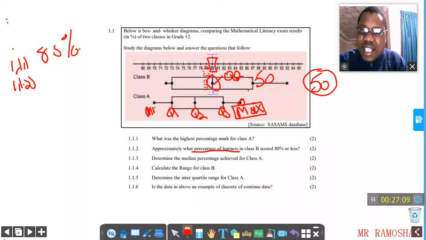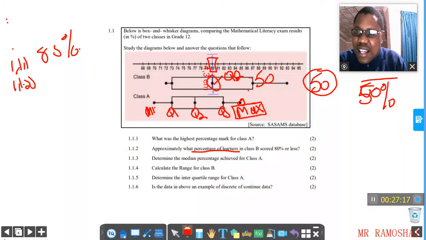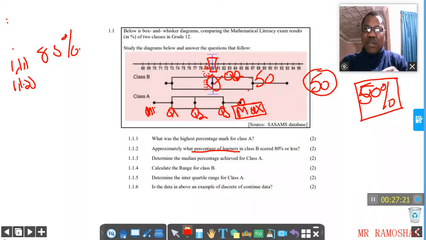50% of the class got less than 80, and 50% got more than 80%. So if you look at 80, it's in the middle. Understand? So it's 50-50, both sides.